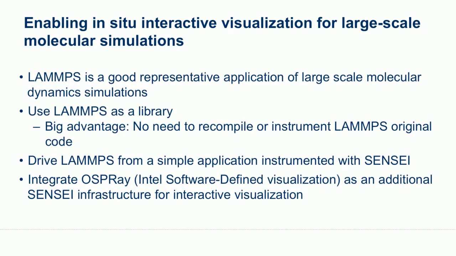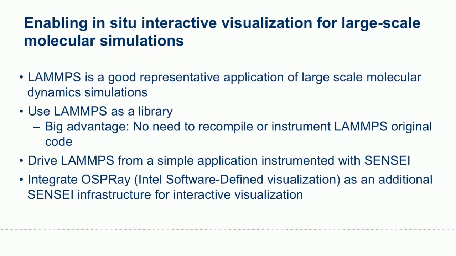So LAMMPS can be run as a standalone simulation. You compile it, you give it an initial condition file, and you set it off and run, and it computes stuff, and it dumps stuff out to disk. We're not going to use it that way. Instead, we're going to use it as a library.